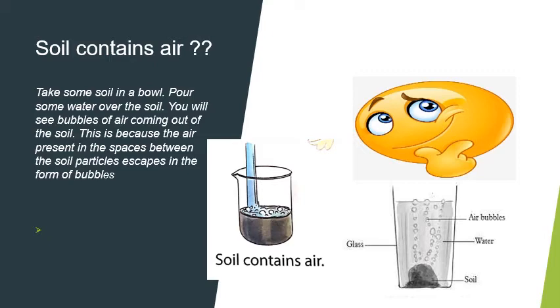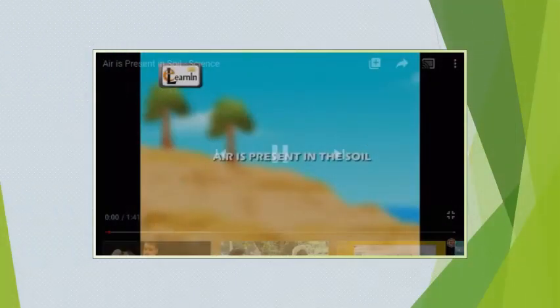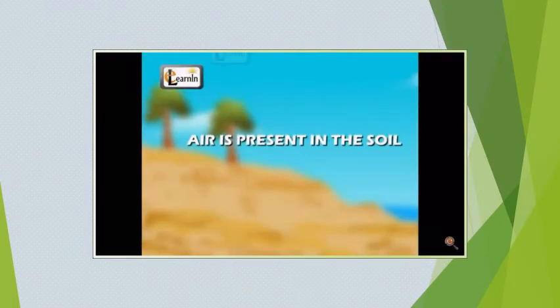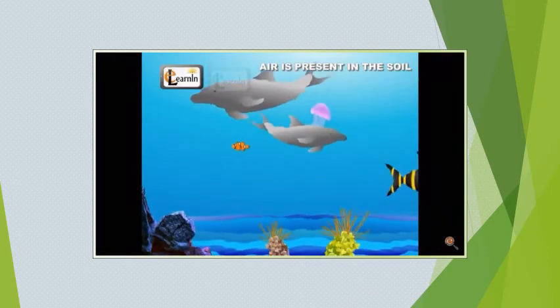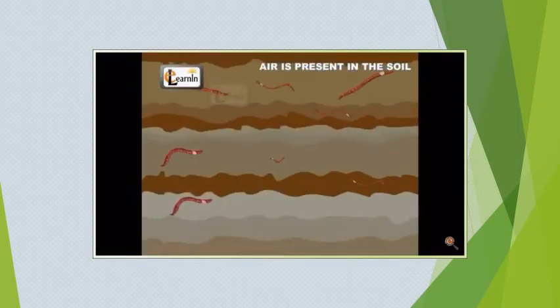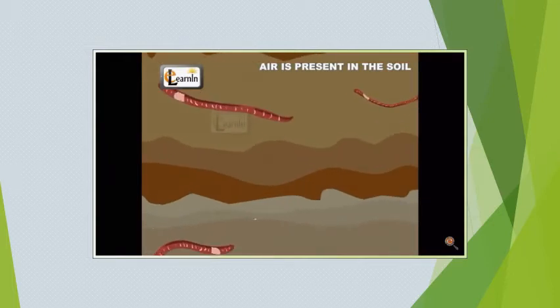Let's watch a video that gives you a clear idea that air is present in the soil. Air is present in the soil. Just as there are animals that live in water, there are also animals that live under the surface of the soil. These animals also require air to live.